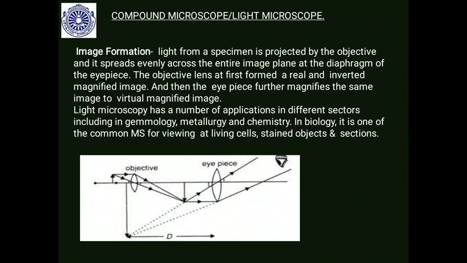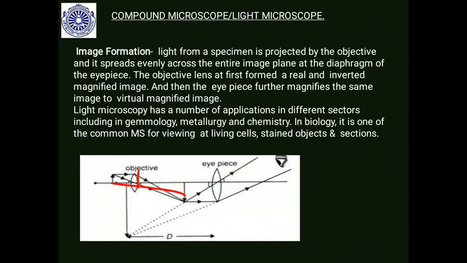So what is the principle here? Image formation. This also you have studied in your physics classes. Light from the specimen is projected by the objective. It spreads evenly across the entire image plane at the diaphragm of the eyepiece. The objective lens at first forms a real and inverted image. This is the objective lens.